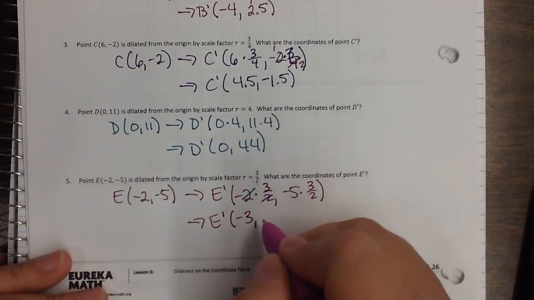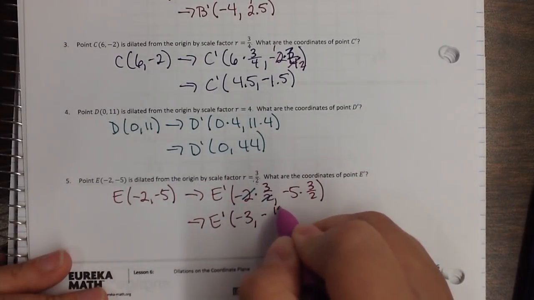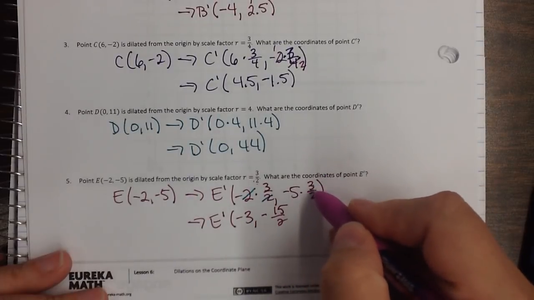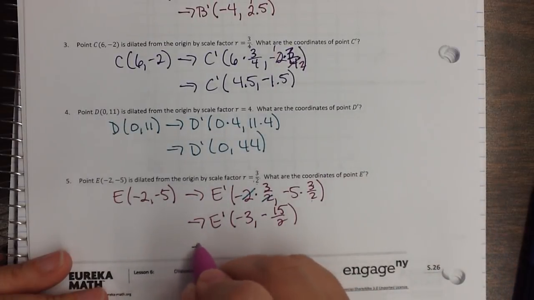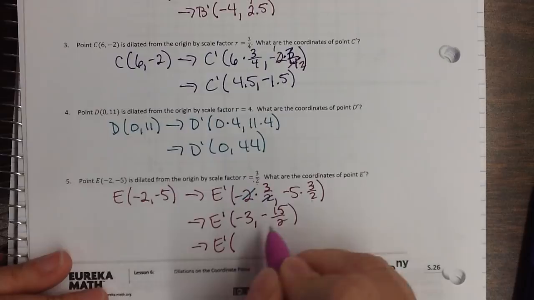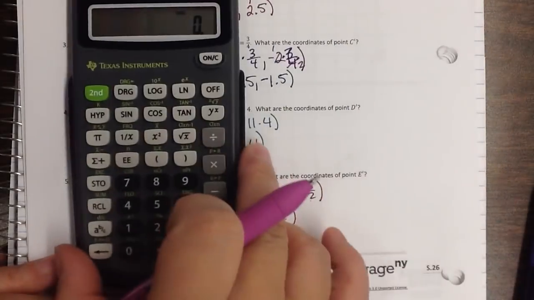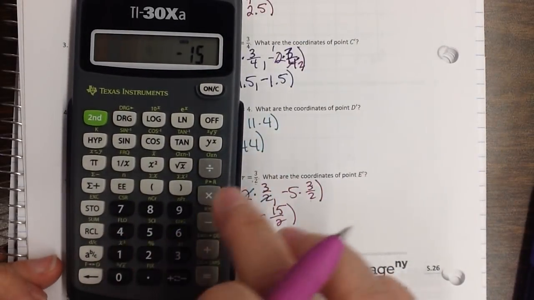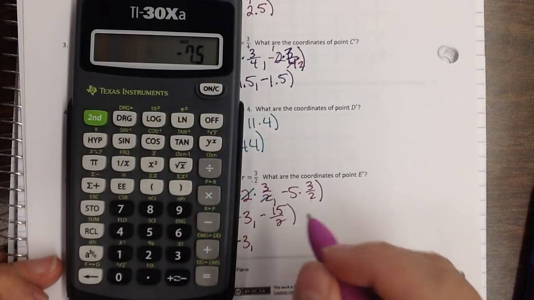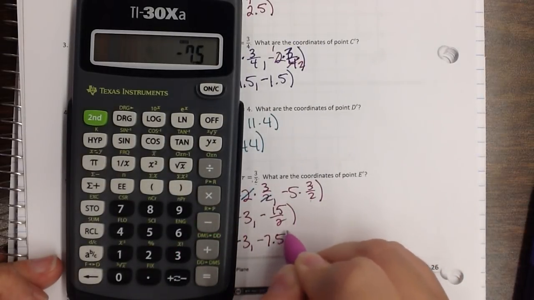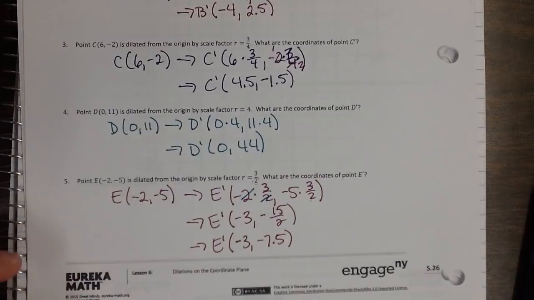And then this would be -15 over 2, 5 times 3 over 2. So if you wanted to simplify that, it would be -3, and then -15 divided by 2, -7.5. So that is how you find the coordinate of a new point once you dilate it.